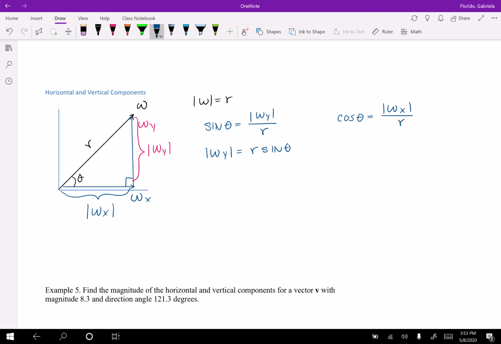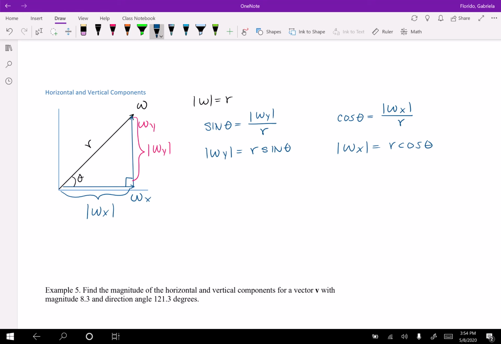So if I multiply both sides by r, I get the magnitude of Wx is equal to r cosine of theta. So if I know theta and I know r, then I can easily find the magnitude of my vertical and my horizontal component.